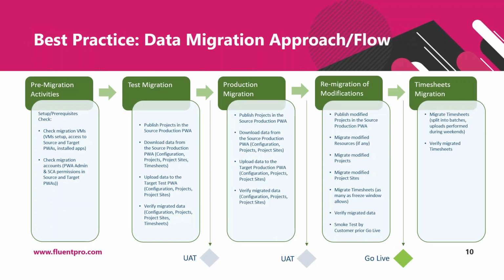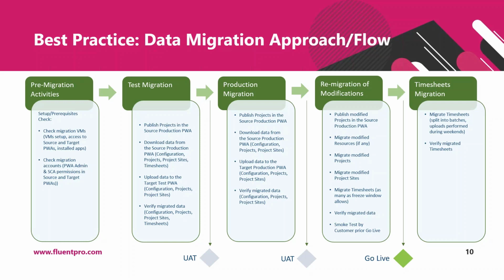Based on our experience of performing migrations as a service, we suggest the following sequence of migration phases and activities. Pre-migration activities phase goes first, and during this phase, you would set up and check migration virtual machines, also access for the migration accounts to the source and target PWAs, install all necessary apps for the migration, like FluentBooks, Project Professional.